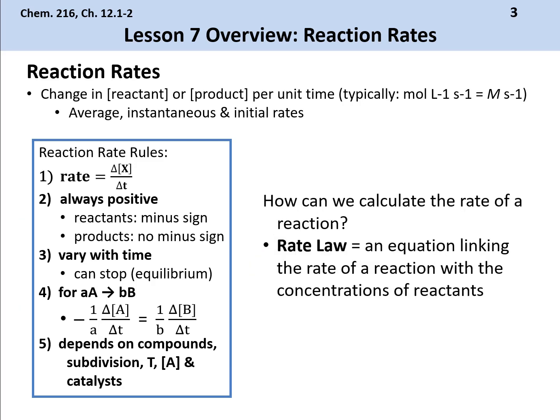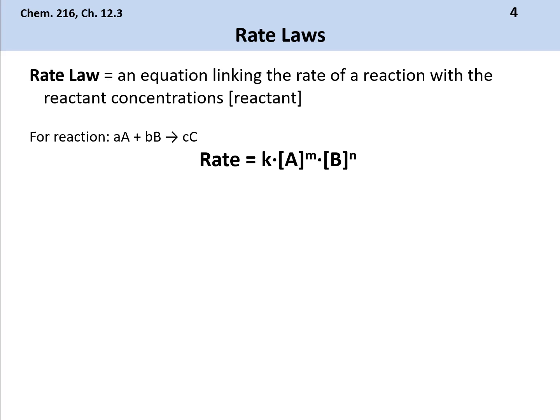But how do we calculate rates of reaction? One thing we can do is use something called a rate law. A rate law is an equation linking the rate of a reaction with the reactant concentration. I'm going to put a bracket around reactant, which means its concentration.